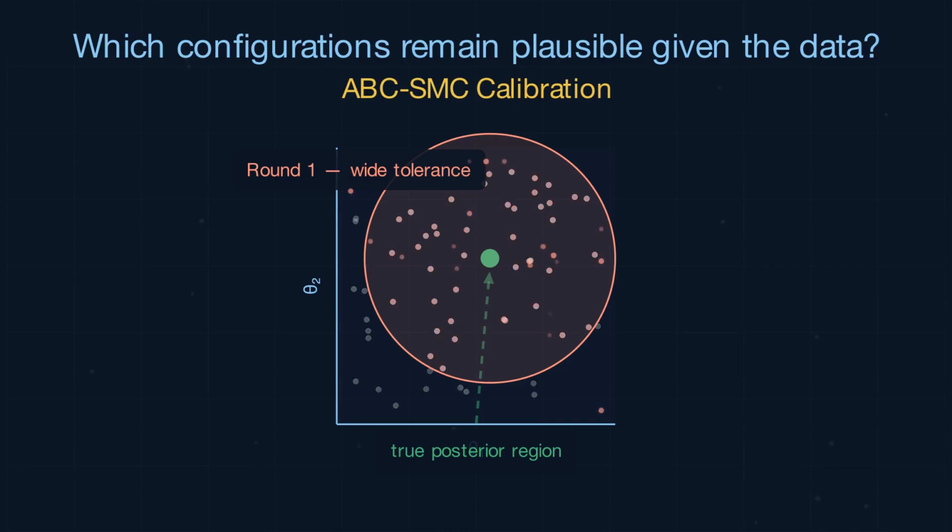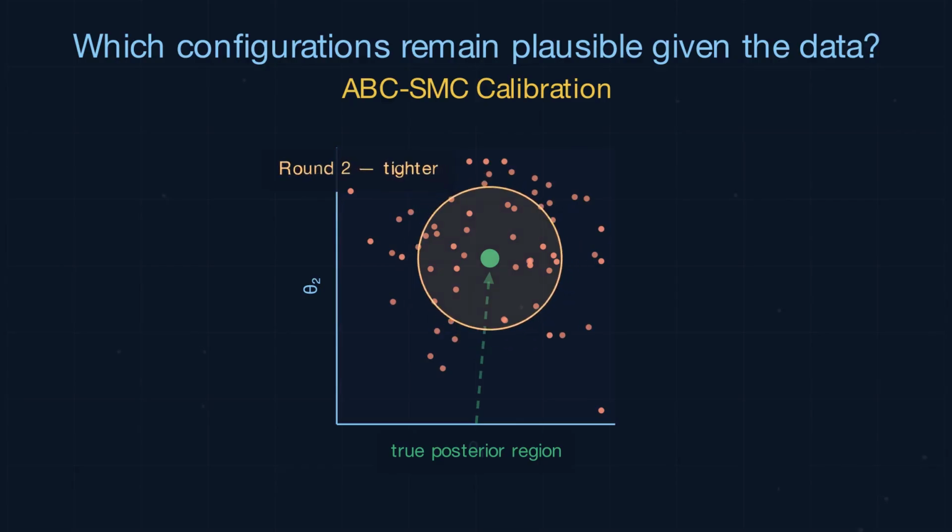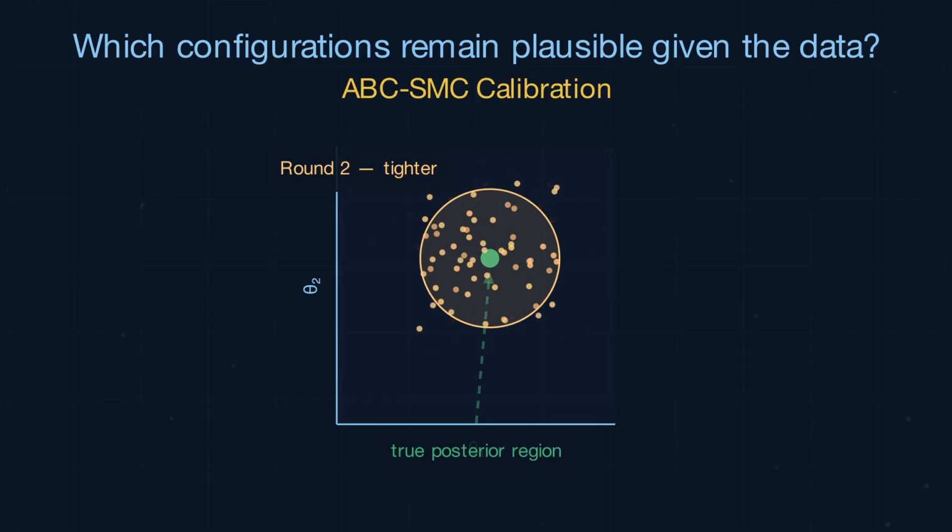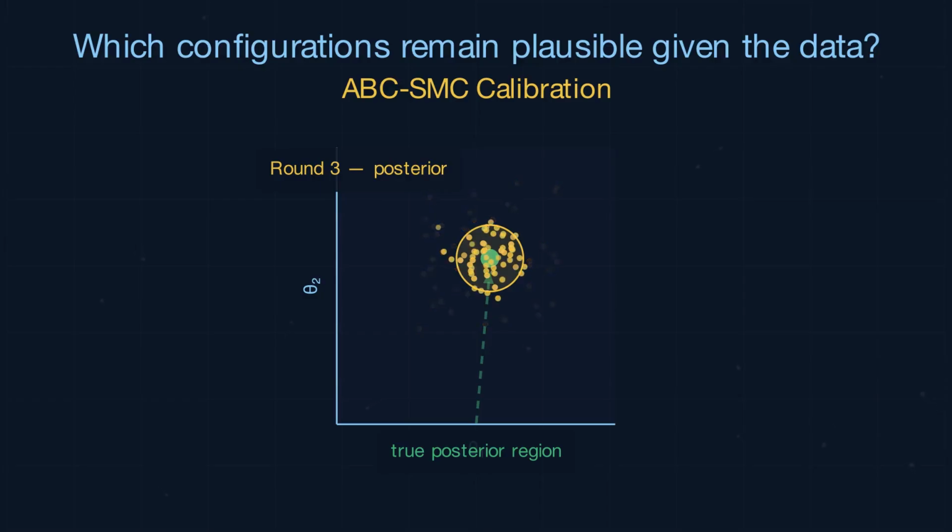Draw a fat, translucent shell around the region of parameter space that reproduces the observed data within a loose tolerance. This shell is wide, many particles survive. Contract the shell. Round 2, tighter tolerance. Fewer particles survive. The survivors resample around their neighbors, creating a denser cloud in the surviving region.